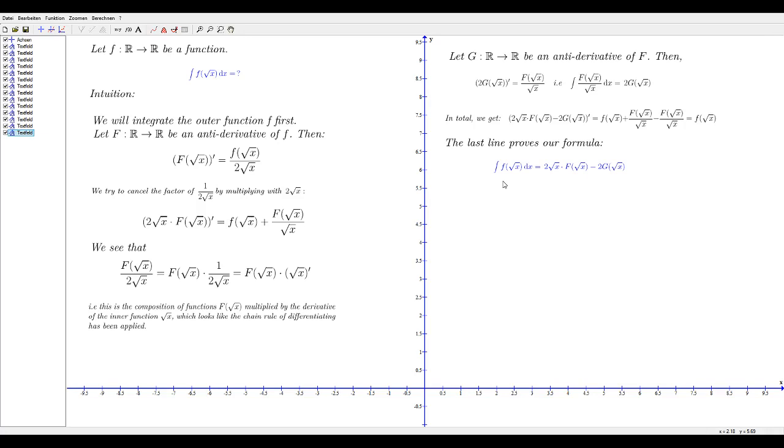And then there are some cases where this method works but might be slower than doing a normal substitution. I think examples of this would include the arcsine of square root of x, the arctan of square root of x, and the arccosine of square root of x. The formula should be applicable here. You should be able to integrate arcsine, arccosine, and arctangent twice, but it takes some time, I think.